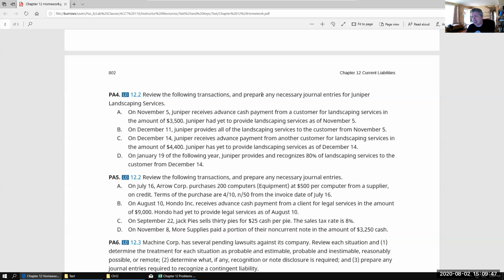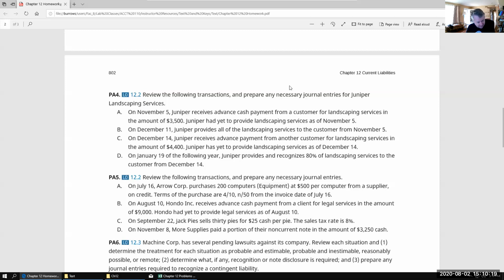They owe whoever gets the card $25 of service. And when somebody comes through and actually buys the coffee, you change that unearned coffee revenue to coffee revenue, and also record any inventory sales, et cetera. So that's basically what 4 is all about.